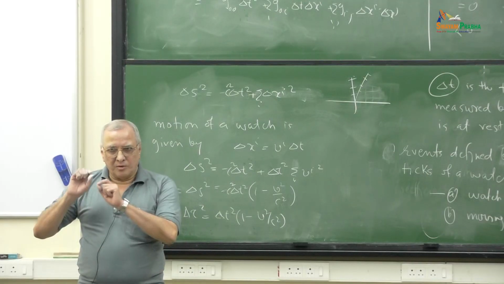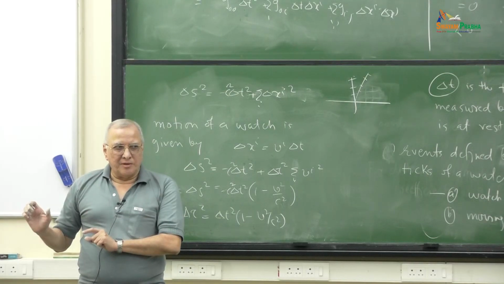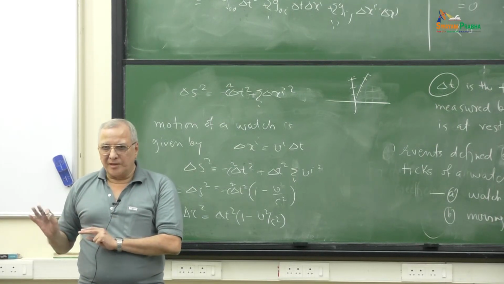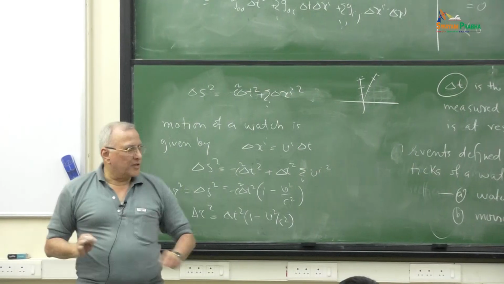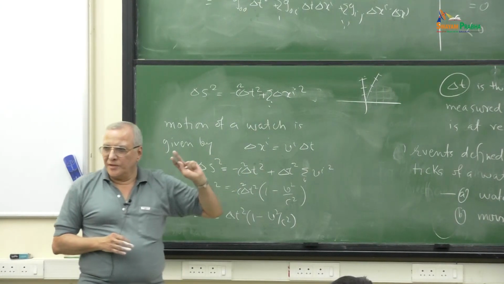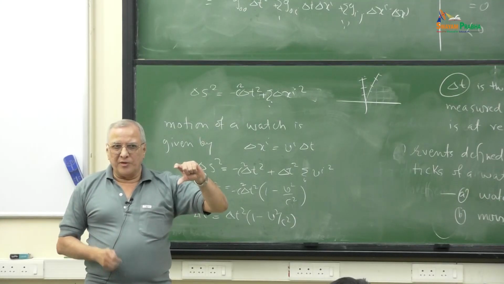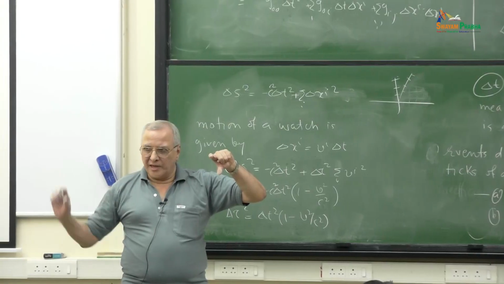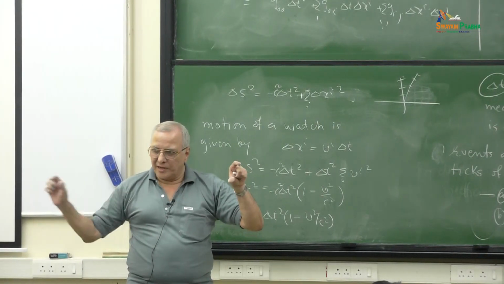Notice one thing: given a pair of events I have an interval. I am looking at only those pairs of events whose interval is time-like. So we will first of all restrict to that and forget about delta being positive, 0, etc. Now, give me a pair of events, I will give a delta tau. I take this pair of events, I get one number. I take this pair of events, I get a different number.